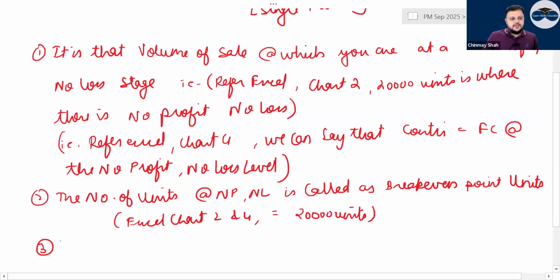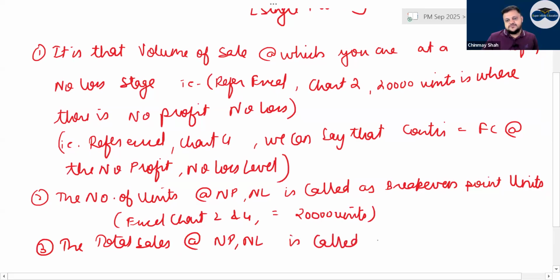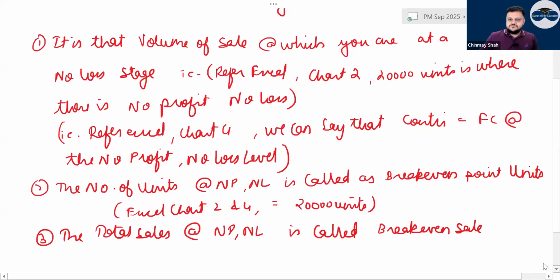Third, the total sales at no profit, no loss is called as break even sales. What is it called? Break even sales. Correct?